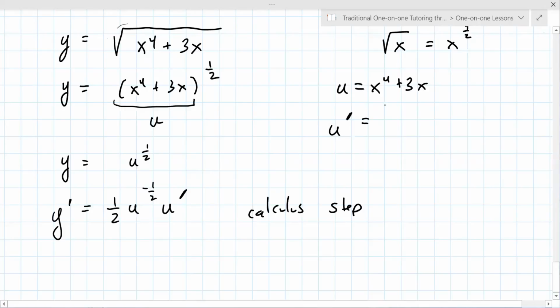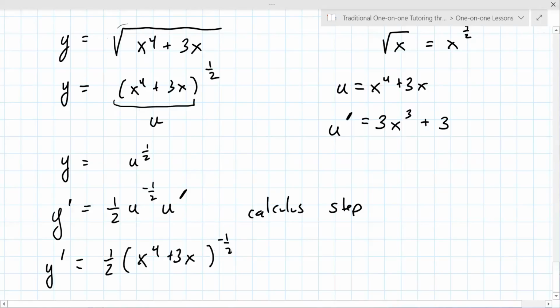So what is the derivative of this on the right? 4x cubed plus 3. Yes. So your derivative: your u is this, x to the 4th plus 3x, to the minus 1/2 power.